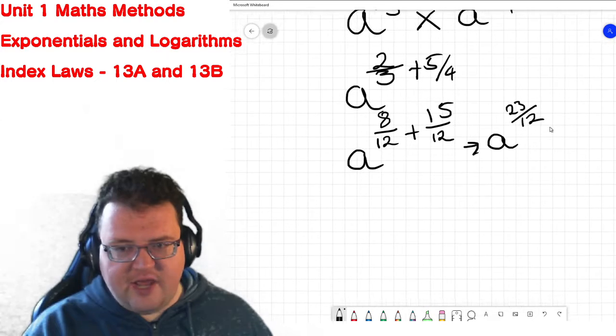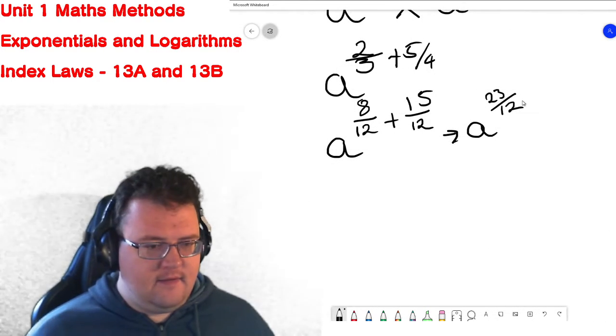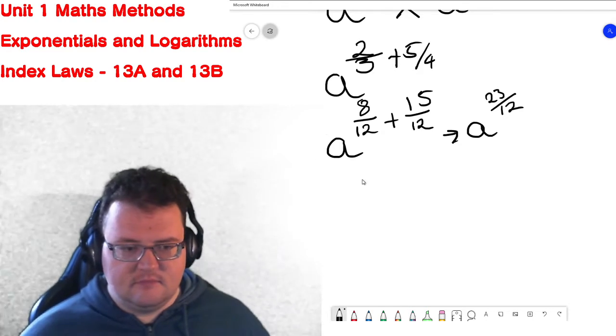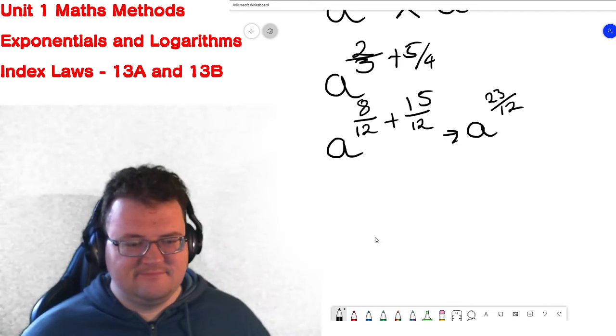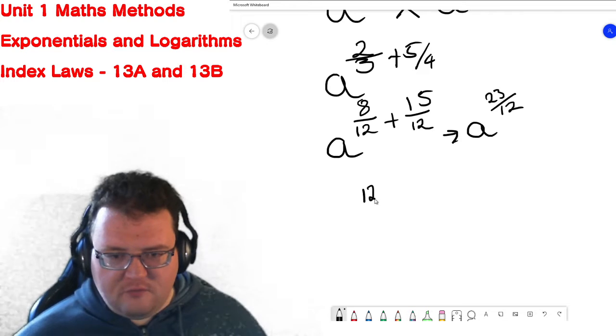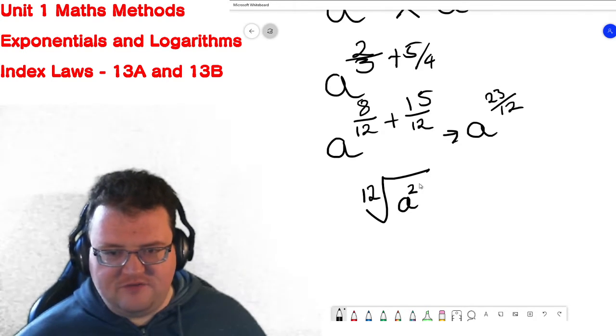Now, how do I express that using the root notation that we've been doing? Yeah. So it is the 12th root of a to the power of 23.